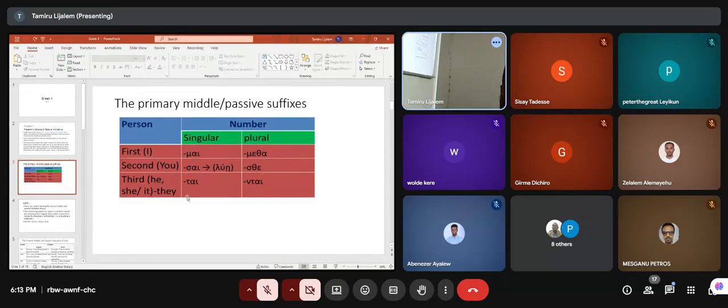Third person: in order to describe he, she, it, Greek adds the suffix to the stem. This suffix is tai. The plural one is ntai. This one is "n," not "the." Greek pronounces this as ntai. So we have mai, sai, tai, starting from the first person singular, and metha, sthe, ntai.